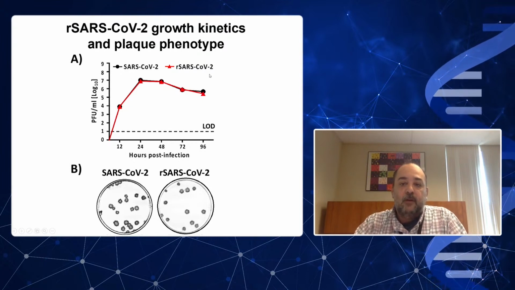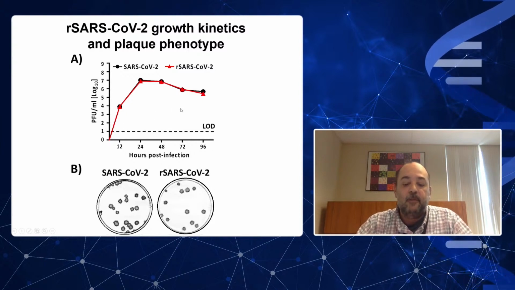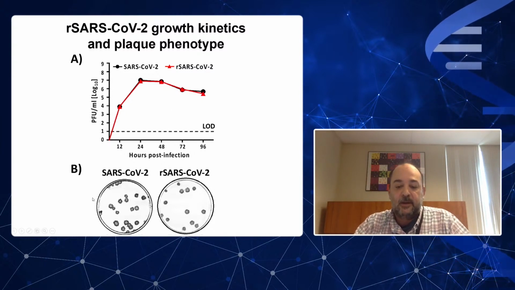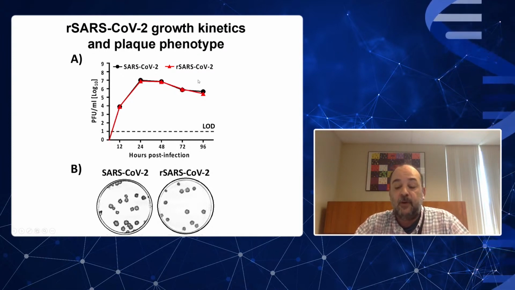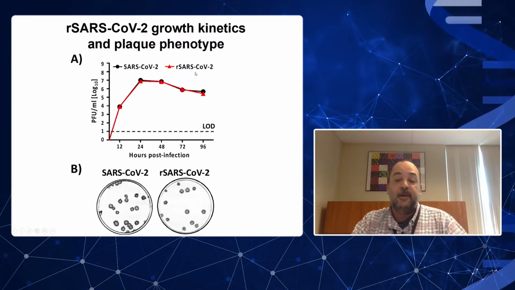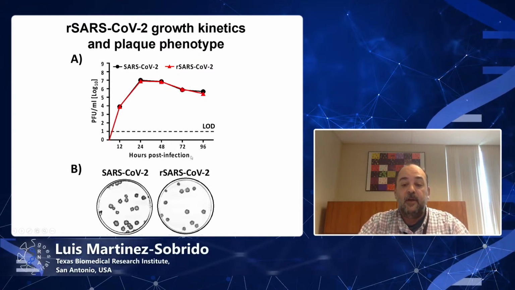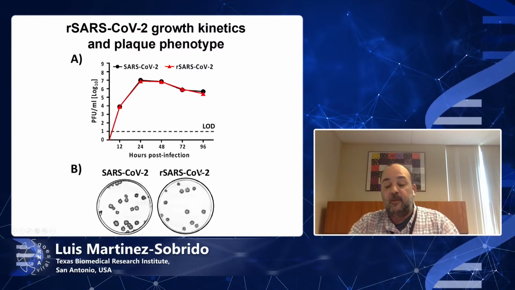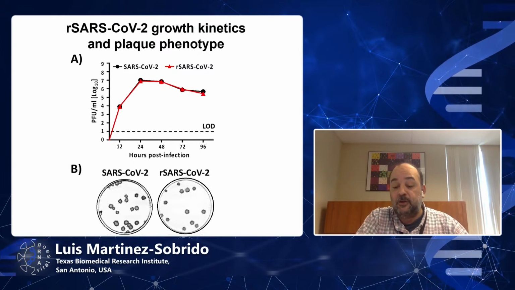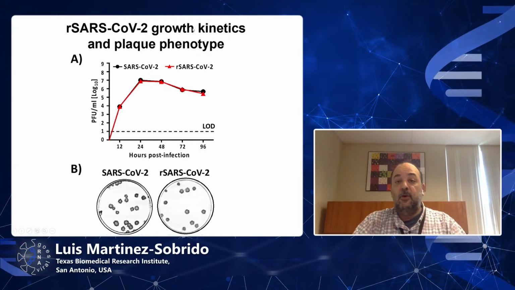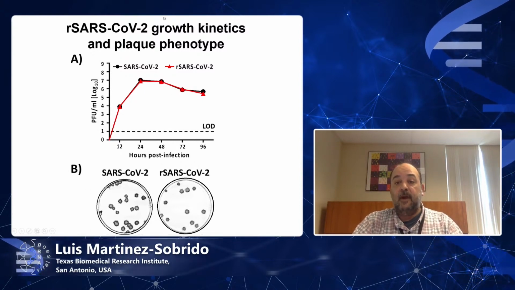To do that, we evaluated viral growth kinetics in Vero E6 cells infected at low multiplicity of infection at different time points, as well as plaque assay, as I show you here in panel B. And what we observed is that the recombinant virus that we generated seems to have similar or identical fitness to the natural isolate, as you can see here by this growth kinetics, as well as plaque phenotype, demonstrating that we can rescue recombinant viruses using this BAC reverse genetic system, and at least in cultured cells, our recombinant virus seems to behave very similarly to the natural isolate in viral growth kinetics and in plaque phenotype.